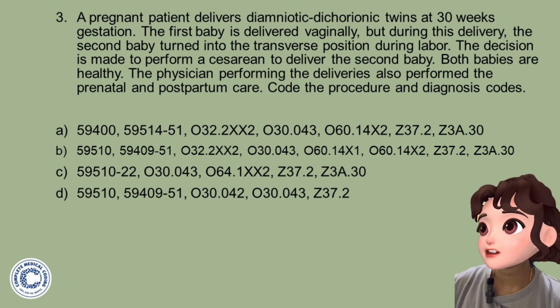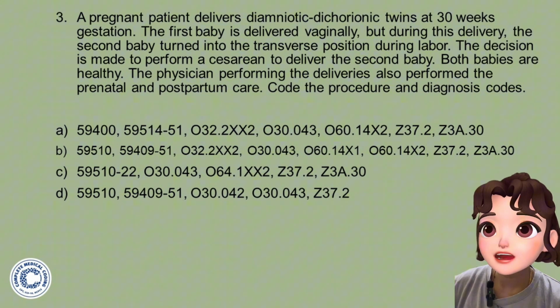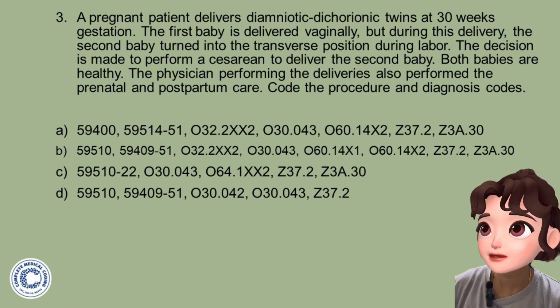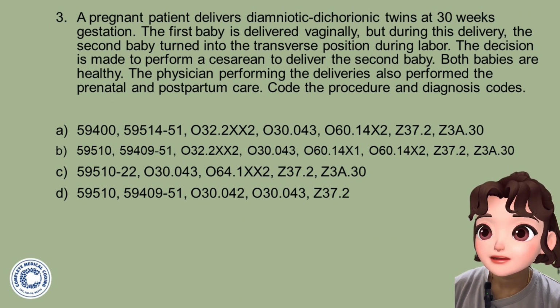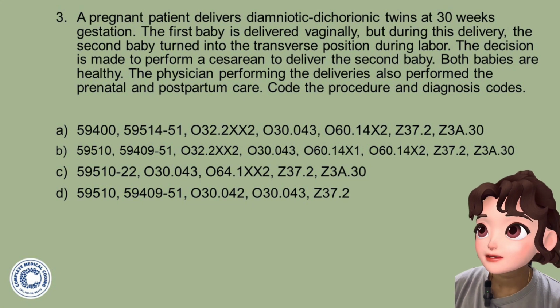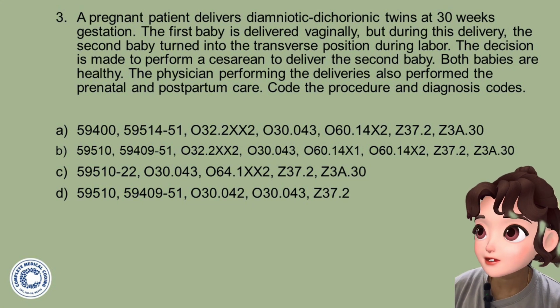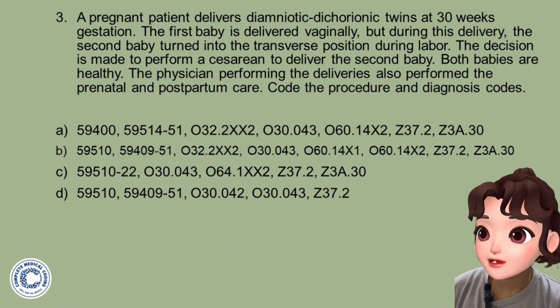And then what is ICD code Z37.2? Z37.2 represents twins, both live born. Twin pregnancy and both are live born. That also should be included. I forgot to mention it earlier.